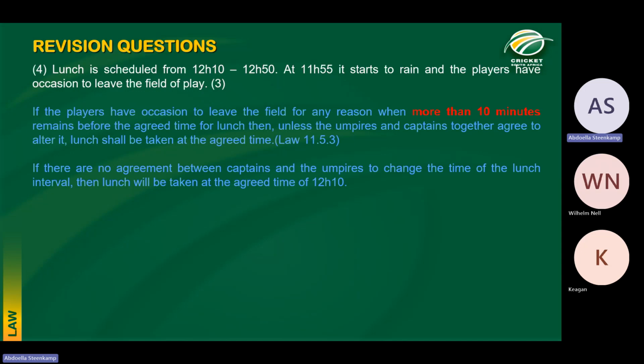But according to the law, if there are more than 10 minutes and it rains and you go off, you can activate this clause by going to the captains and asking them, is it okay if we take an early lunch? But then again, take into account whether the caterers are ready or not, because it doesn't help you at 11:40 wanting to take an early lunch and the food is not ready.